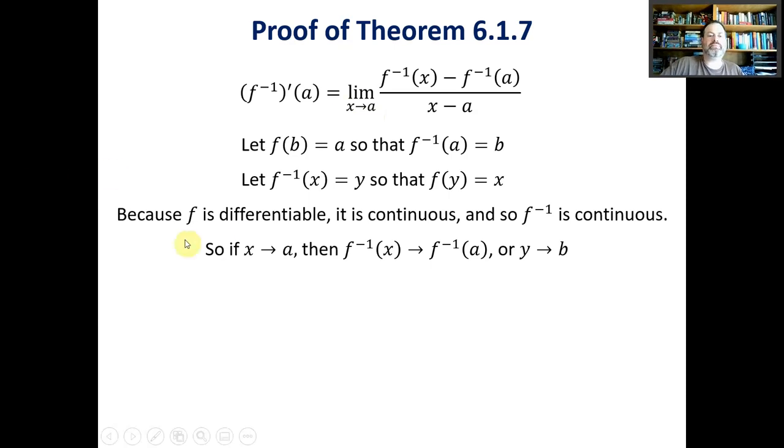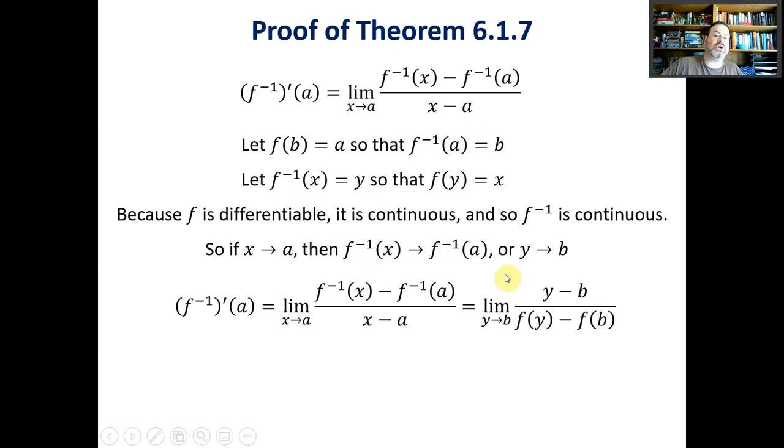So if x approaches a, which is our limit, then f inverse of x approaches f inverse of a, because of continuity. And we can say that y approaches b, because f inverse of x is y and f inverse of a is b.